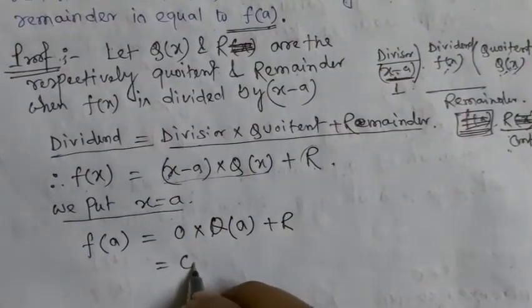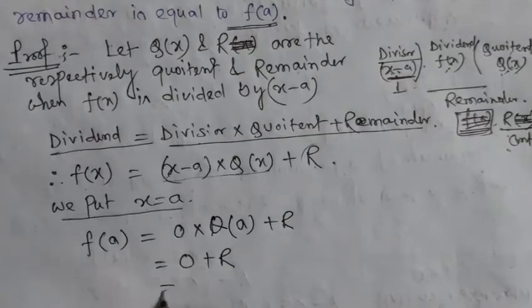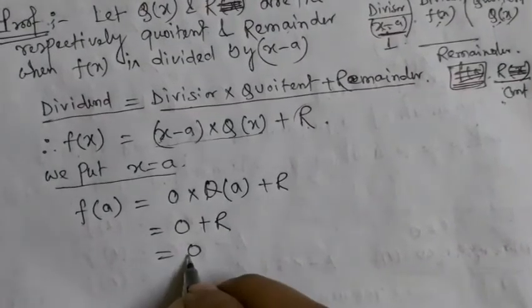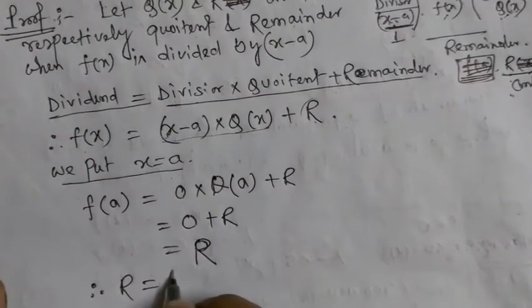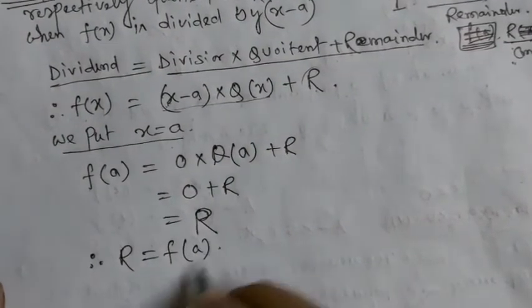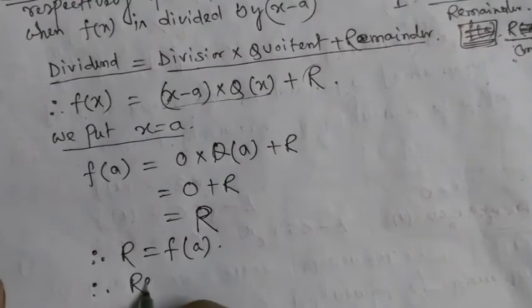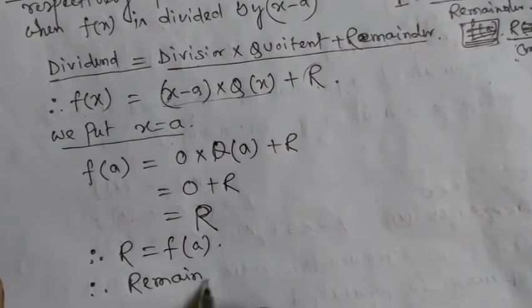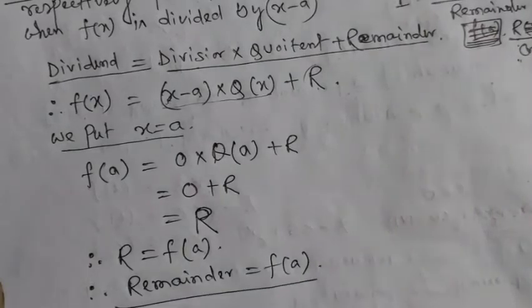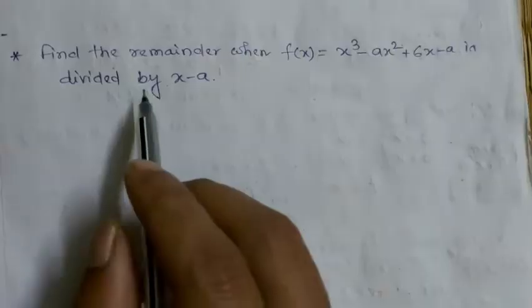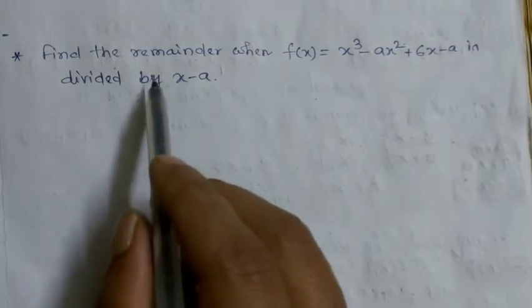Now this is equal to 0 plus r, so r is equal to f of a, that means the remainder is equal to f of a. This is the remainder theorem.